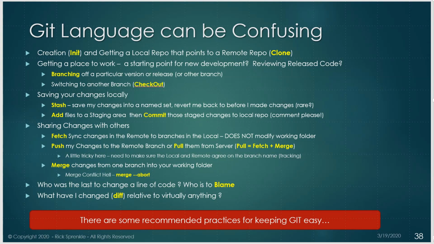So pull says, I don't directly pull the files from the remote to my local machine. I say let me sync that branch on the remote to my local via fetch, and then I will pull them out of that local repository and put them in my local working folder using a merge operation.